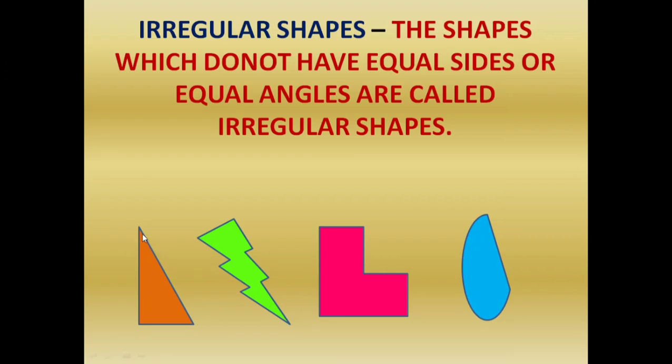Look at this triangle, the first example itself. The sides are not equal and the interior angles are also different. They are not of the same measure. Similarly, all these figures are irregular shapes.